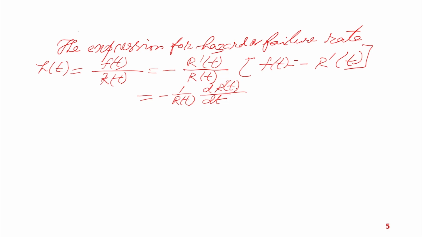So, now we can rearrange this equation and write dR by dt divided by R(t) is equal to minus h(t) into dt.